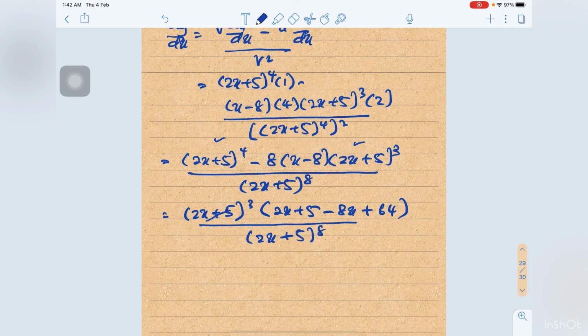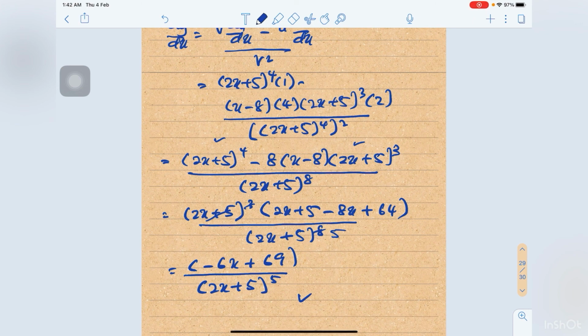So this one we can cancel. Then 2x minus 8x is negative 6x plus 69 over (2x plus 5) to the power of 5. So this is the final answer.